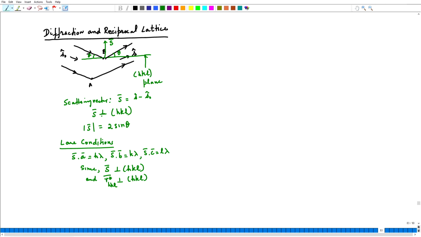Now, the 2 vectors S and R star are both perpendicular to the same plane, which essentially means that the scattering vector S is parallel to the R star vector, which implies that I can write the scattering vector S as some scalar quantity beta times R star, which I can expand as beta times H A star plus K B star plus L C star.